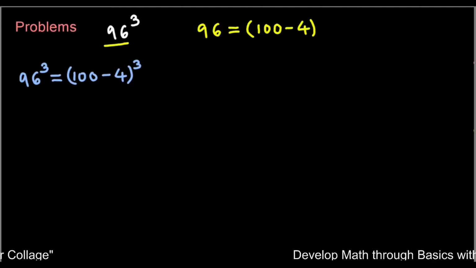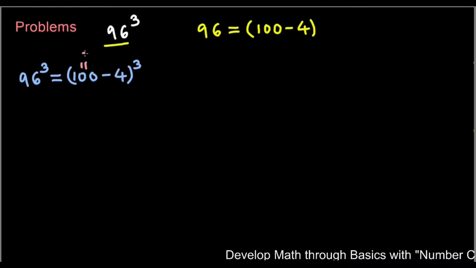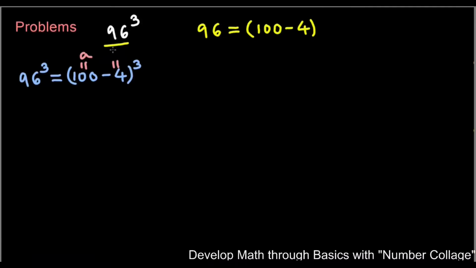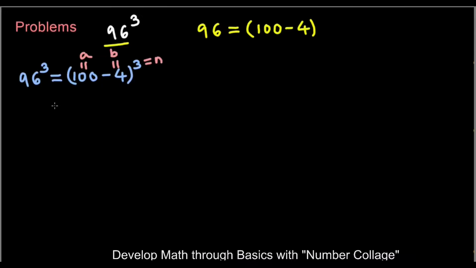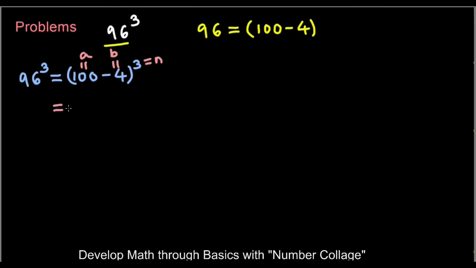Now we can find its binomial expansion by treating 100 as a, minus 4 as b, and 3 as n.